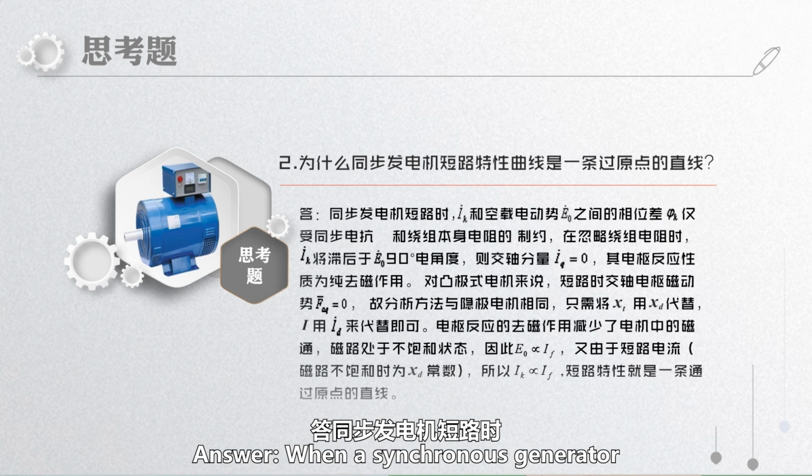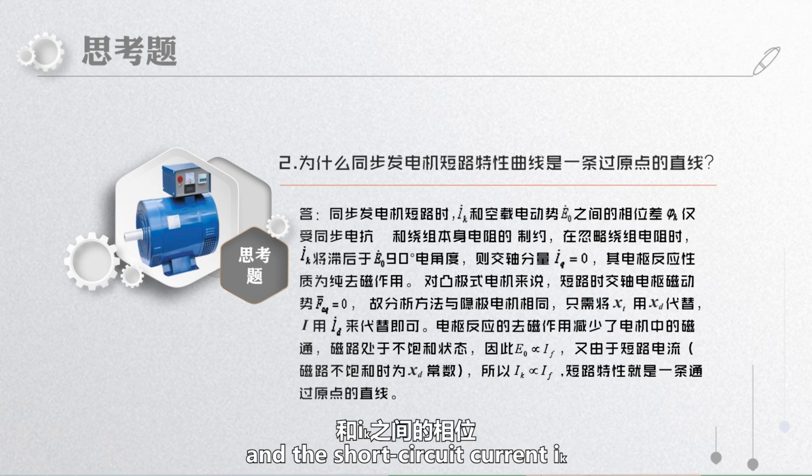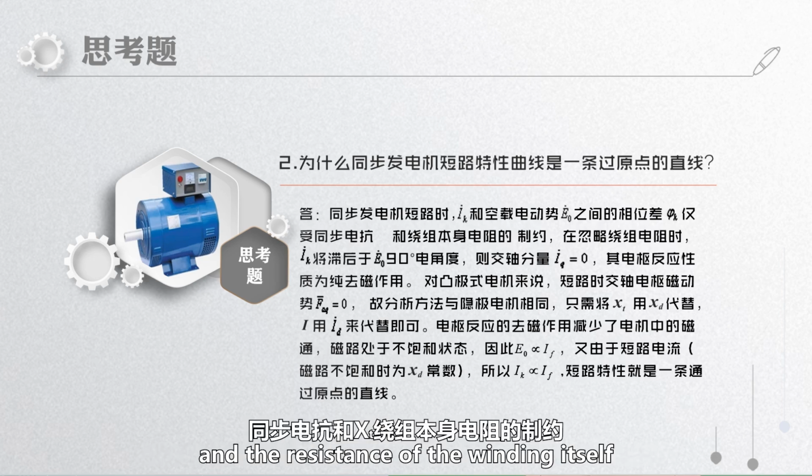Question 2. Why is the short-circuit characteristic curve of a synchronous generator a straight line through the origin? Answer. When a synchronous generator is short-circuited, the no-load electromotive force E0 and the short-circuit current IK are only affected by the synchronous reactance XT and the resistance of the winding itself.